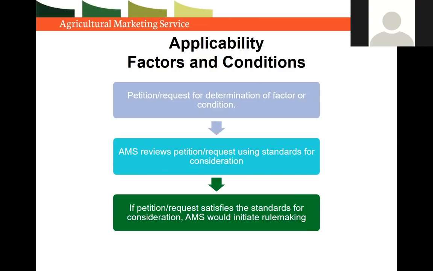And third, other relevant information, such as the requested factor or condition's compatibility with food labeling requirements of other federal agencies or foreign governments. If the administrator then determines that the request or petition satisfies the standards for consideration, AMS would initiate rulemaking that seeks to amend the definition of bioengineered food in proposed section 66.1 to include the factor or condition.